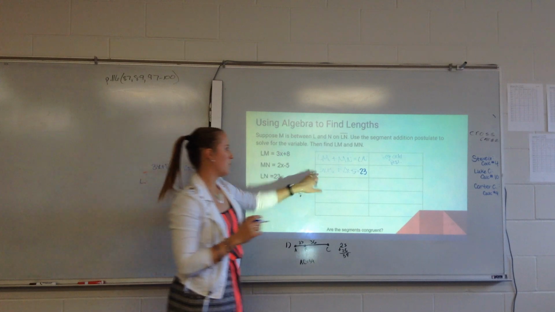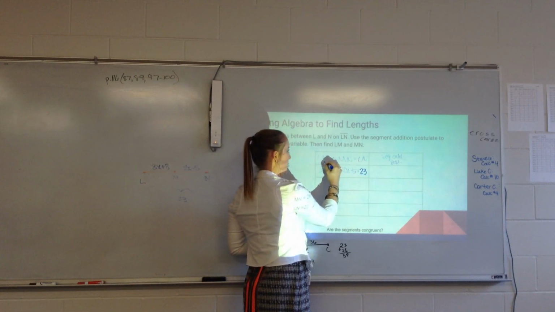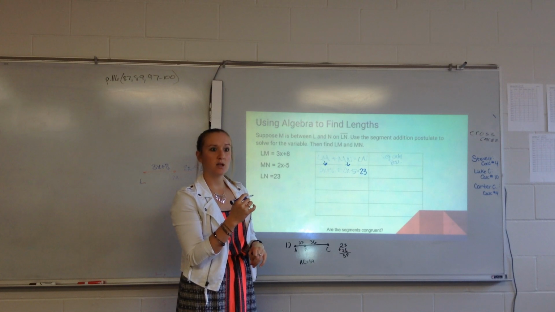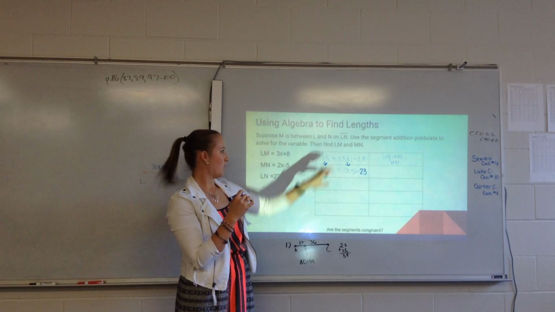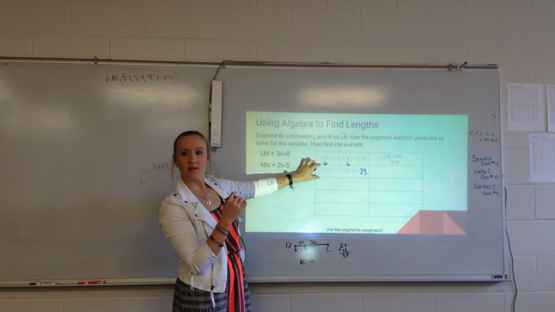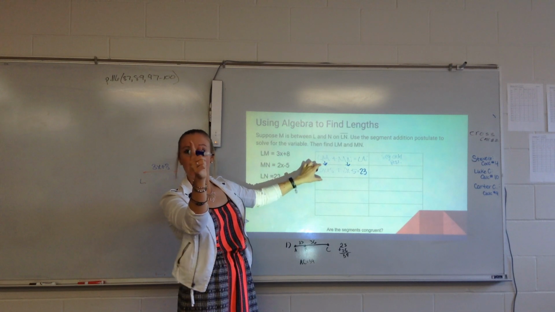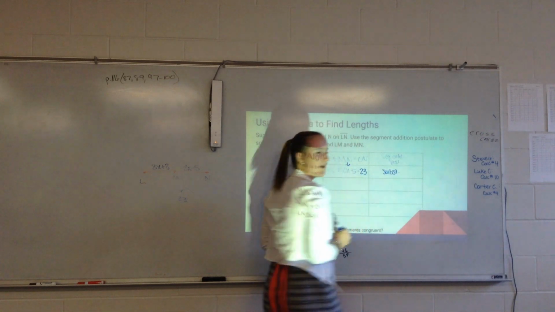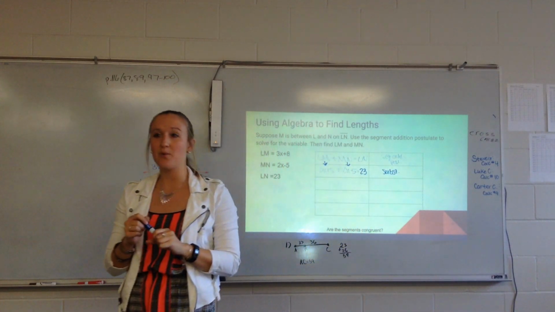Now, what did we do then? We did what with these two? What's that S word that we used? Substitution. We plugged in LN. So that's why we can do that.